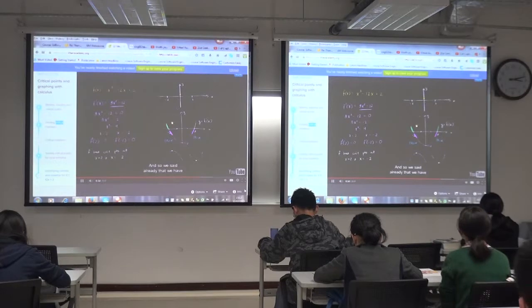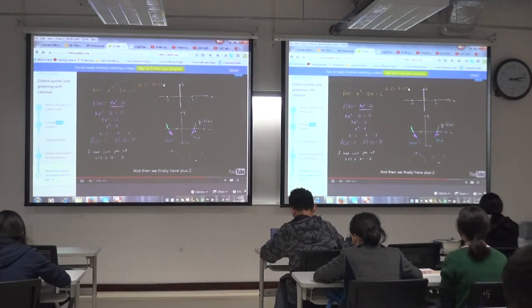And so we said already that we have a maximum point at x is equal to negative 2. So what is f of negative 2? f of negative 2 is equal to negative 8, let me be careful, and then we're going to have 12 times negative 2, which is negative 24, but then we're subtracting negative 24, so this is plus 24, and then we finally have plus 2.